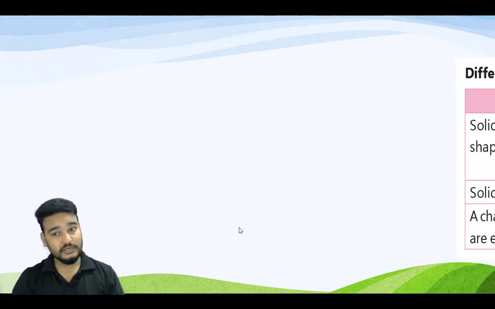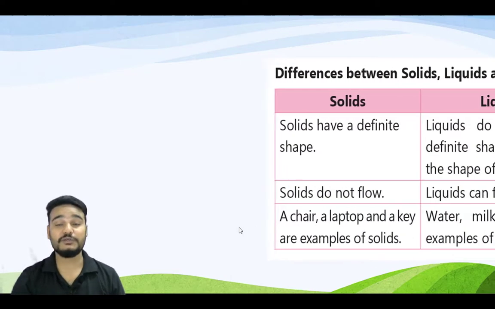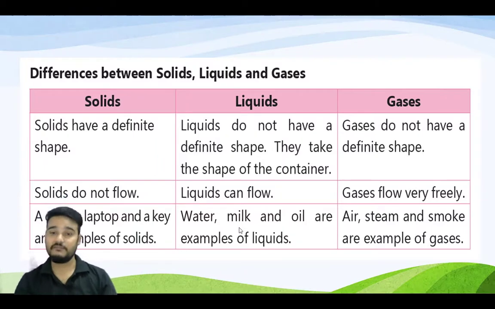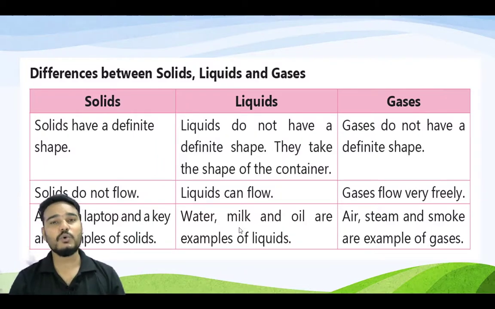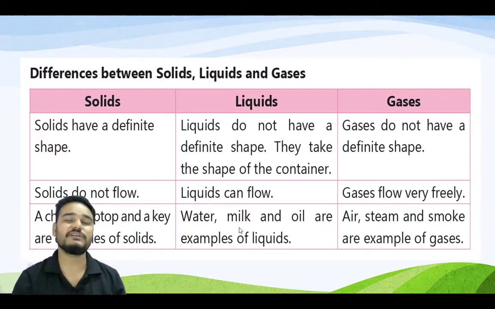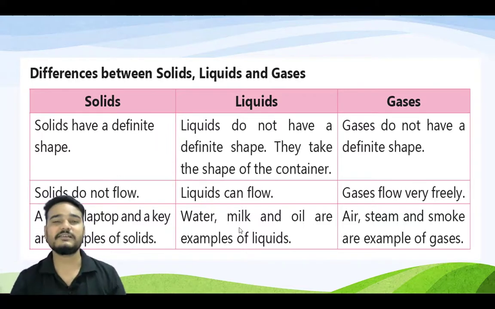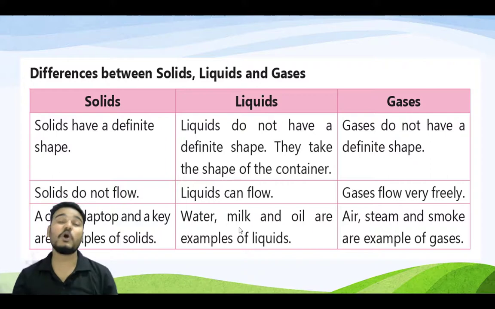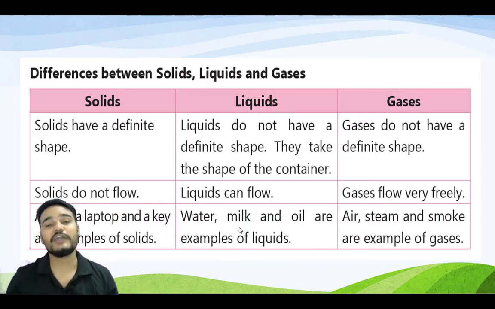Now the very important part we are going to discuss all together, that is differences between solids, liquids and gases. So the first difference that we have seen is that solids have definite shape, but liquids do not have definite shape, and they take the shape of whichever container they are put in, and gases also do not have definite shape.